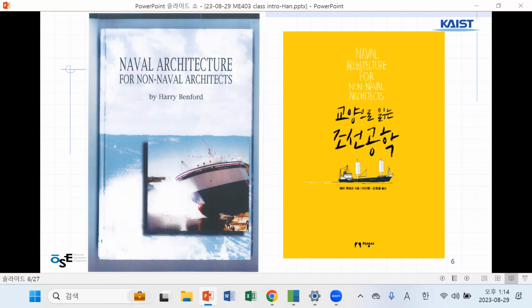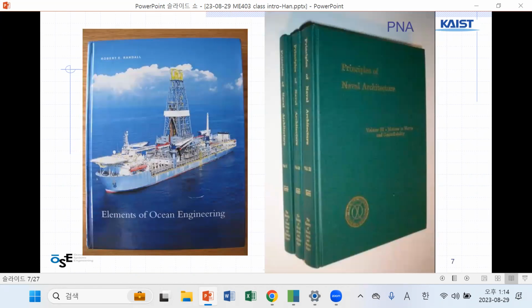This is the original book, and this is the Korean translated version of the same book. This one is the second textbook, on ocean engineering. And this is the serious textbook, Principles of Naval Architecture, with three volumes. I guess more than 90% of the knowledge on shipbuilding or naval architecture will be covered by this.